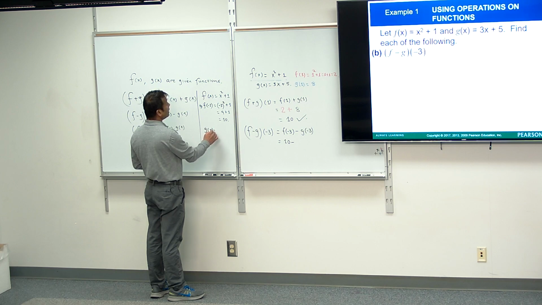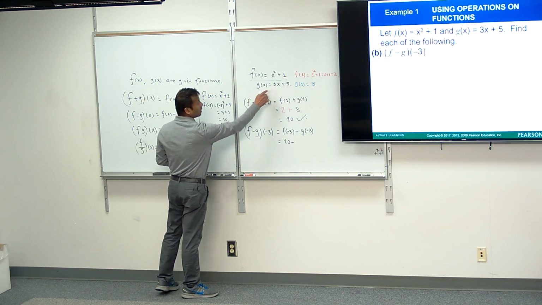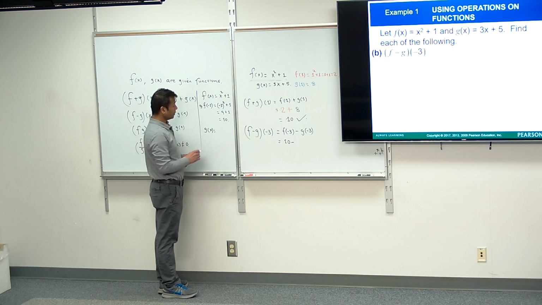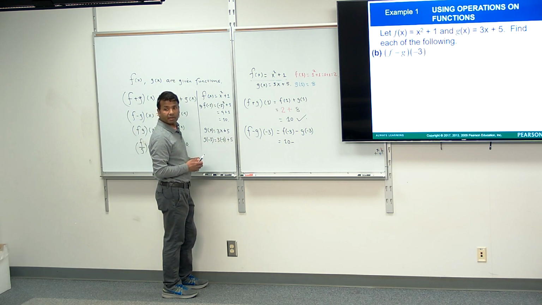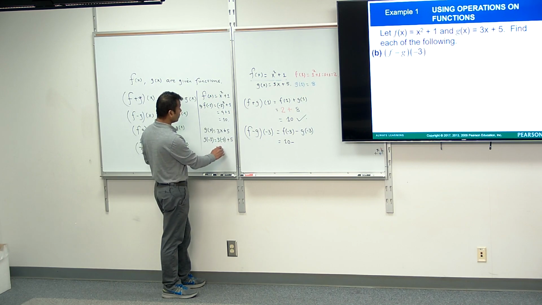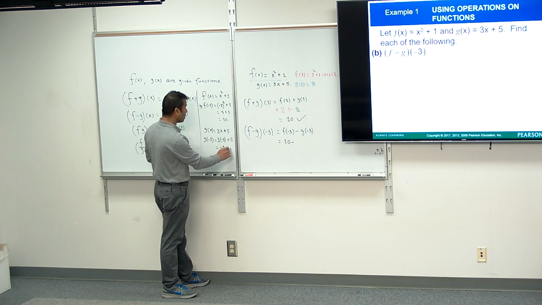Your g is defined as 3x plus 5, right? So what is g of negative 3? You plug in negative 3 here. So 3 times negative 3 plus 5. Make sense? What is 3 times negative 3? Negative 9 plus 5.